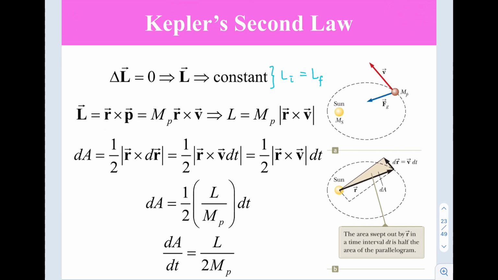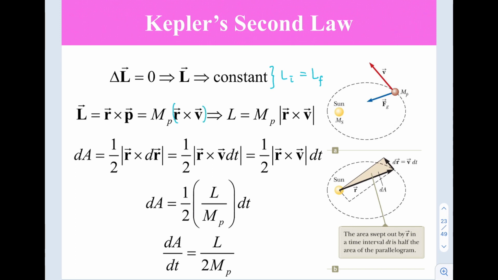And as we know, angular momentum is a cross product between the position vector and the momentum of the object, and momentum itself is mv. Since m is a scalar quantity, we can factorize it outside of the cross product.